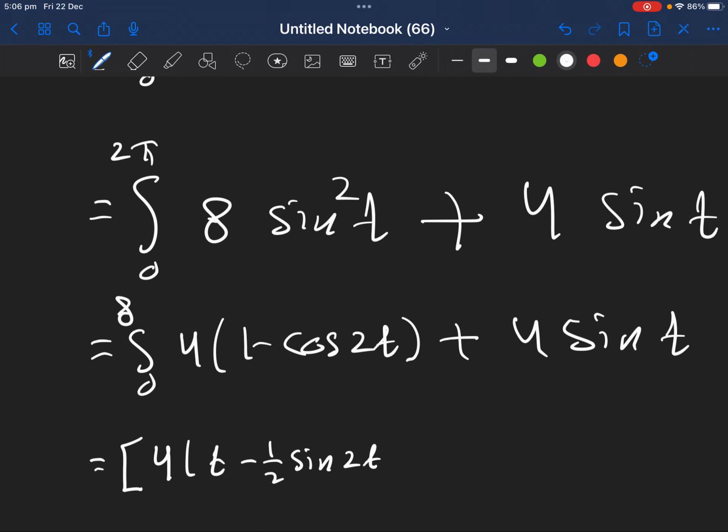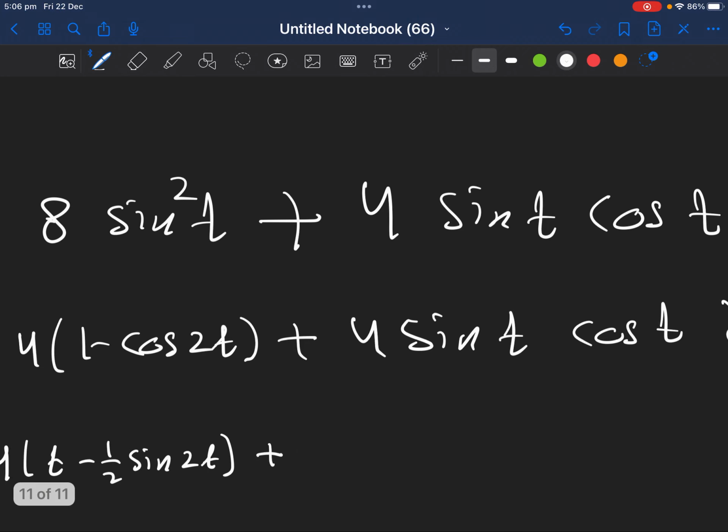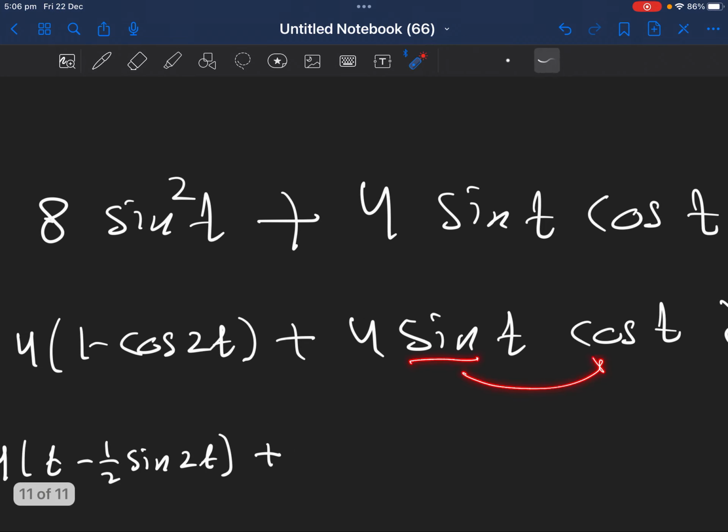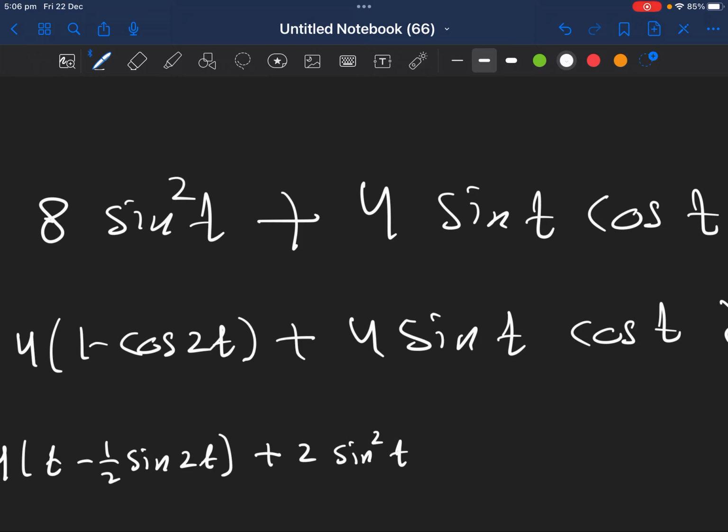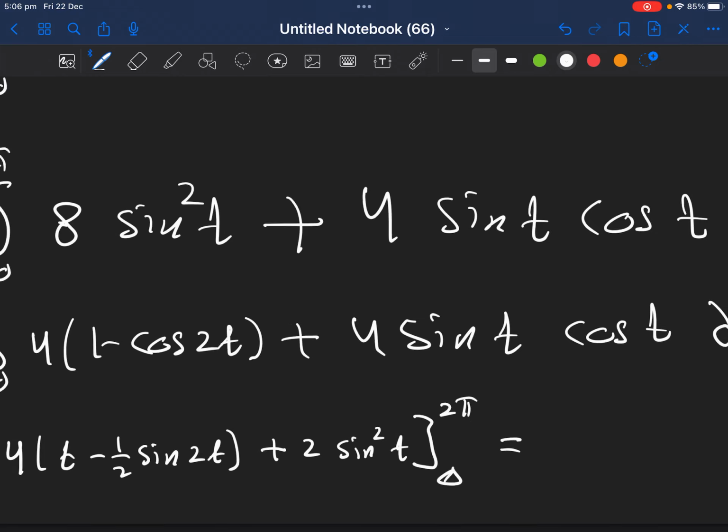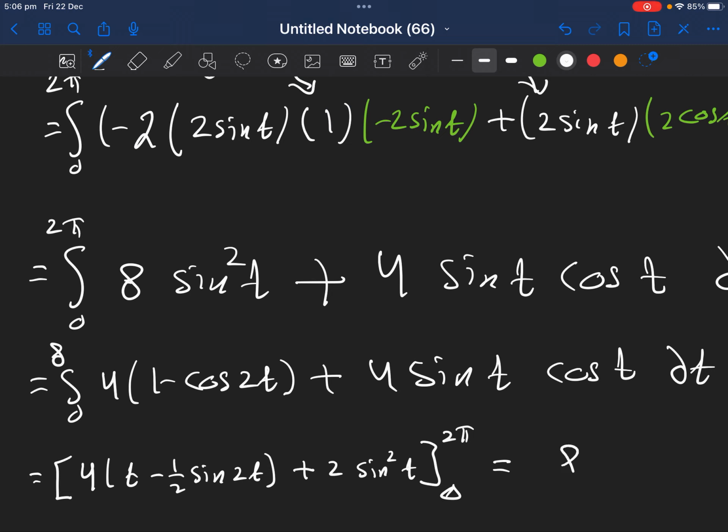It is sine 2t times 1 over 2, plus, now this one, sine function and its derivative. So all we need is to square it. So it will be 2 sine squared t, and we substitute 0 to 2 pi. If we do it just by calculator, the answer will be 8 pi, which is exactly what we needed. It is the same as predicted by Stokes theorem. The answer is 8 pi.